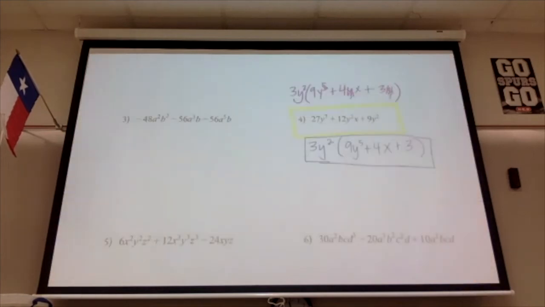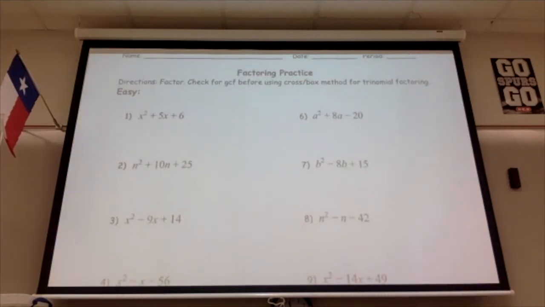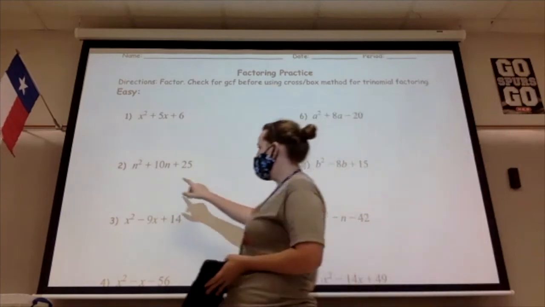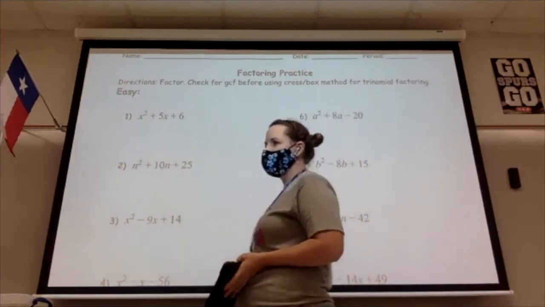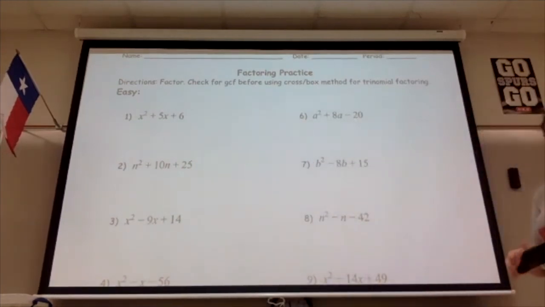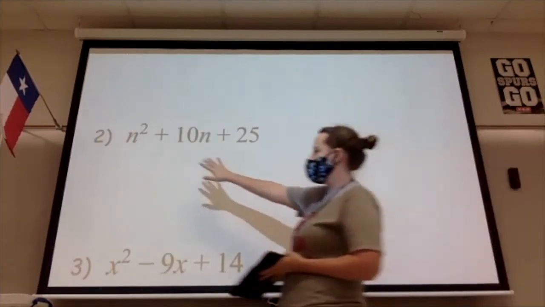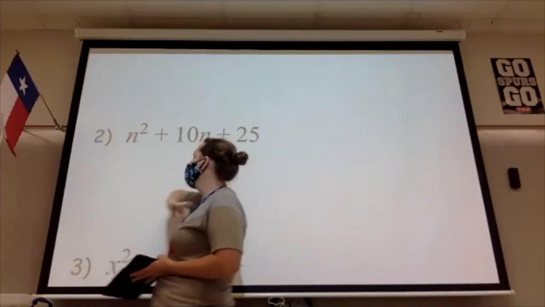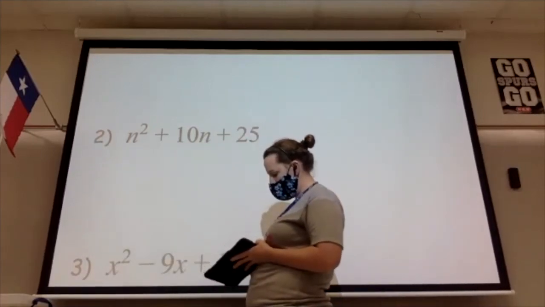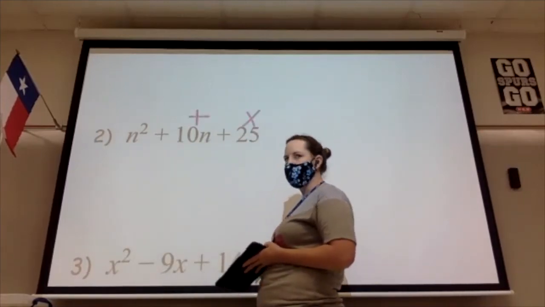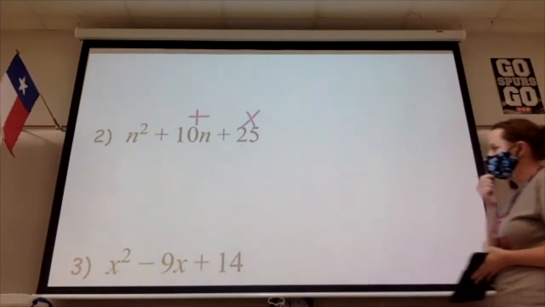Okay, next way we're going to look at is just your standard trinomial factors. So this is like when you were in Algebra 1, you're looking for two things that multiply to get you 25, add to get you 10. Okay, so this is leading coefficient of 1, meaning there's no value right here. So you're looking for two things that multiply to give you 25, add to give you 10. What two numbers is that?